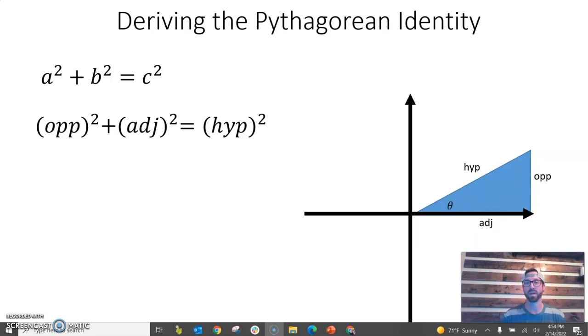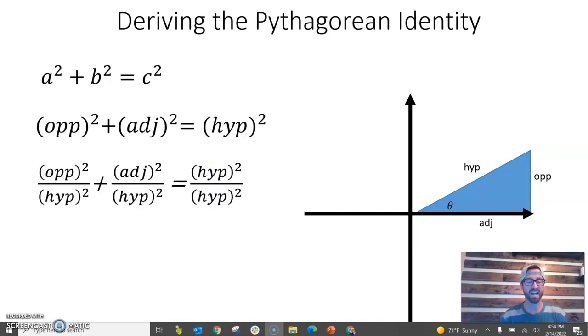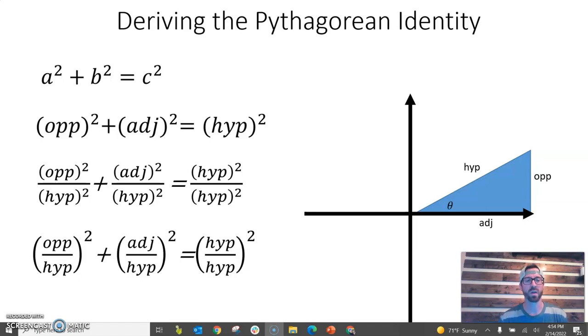hypotenuse squared. Now, where we go with the Pythagorean identities, though, is what if I divided all three of these terms, or both sides of my equation, by the hypotenuse squared? And now you're thinking, oh, opposite over hypotenuse, adjacent over hypotenuse. These look like some of our trigonometric ratios, and they are.